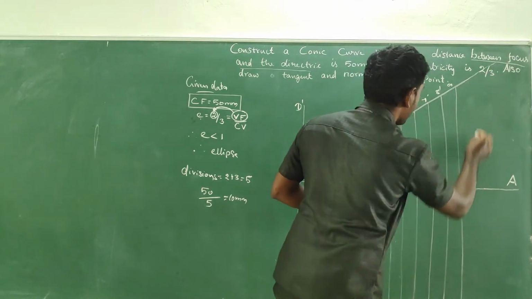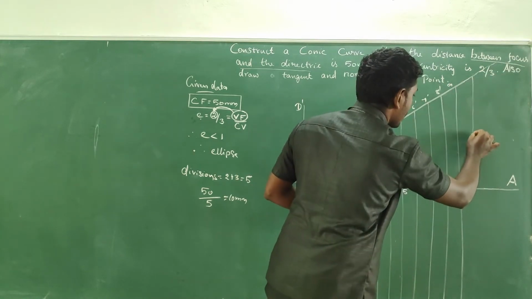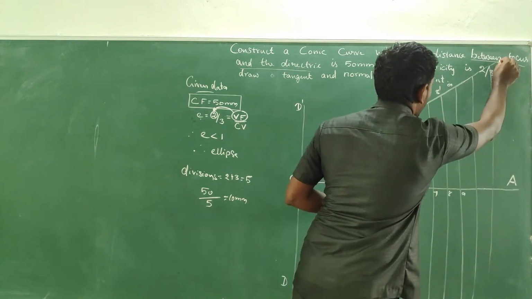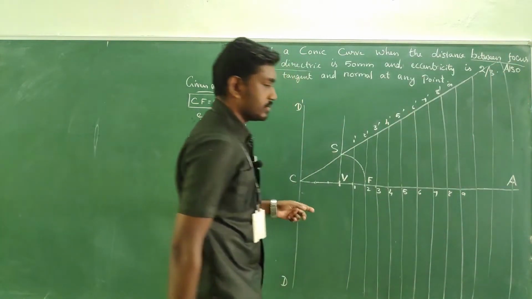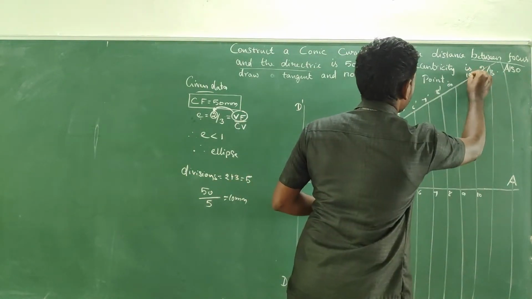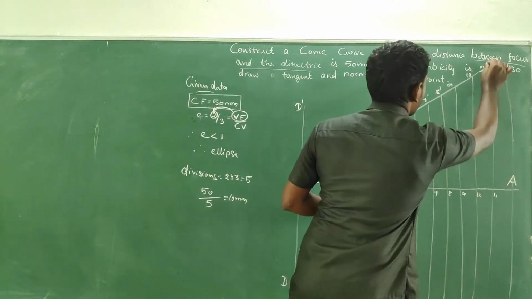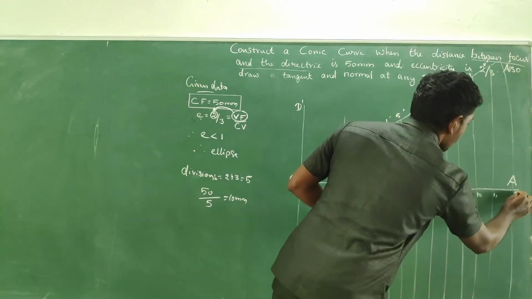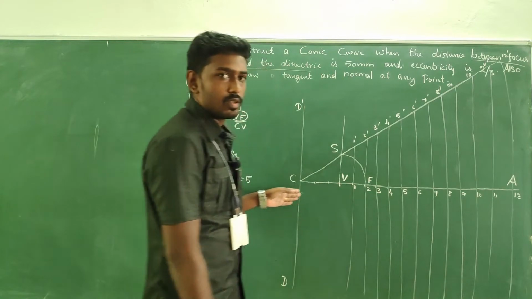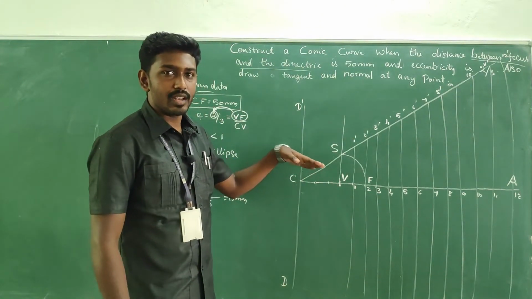In the same manner, add 3 more: 10, 10 dash, 11, 11 dash, 12, 12 dash. Now the construction lines are ready.